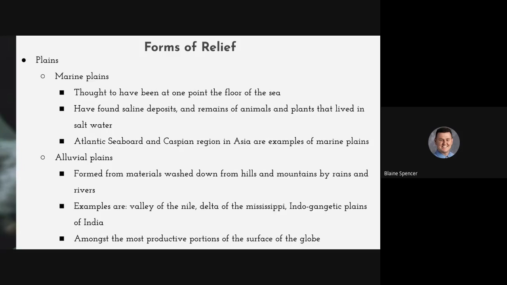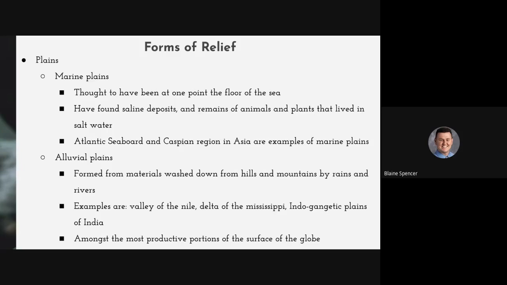What better place than beside a river or where it rains a lot? We see these three areas: the Valley of the Nile, the Delta of the Mississippi, and the Indo-Gangetic plains. These are all near massive rivers, and they provide a lot of water, which helps sustain and grow the necessary crops.